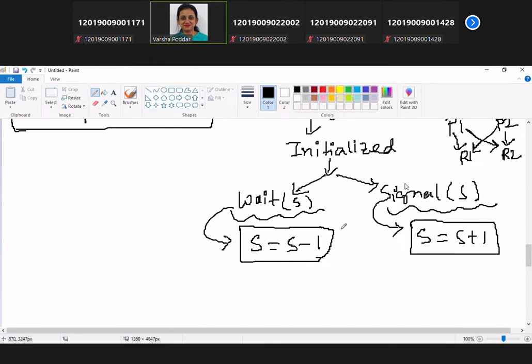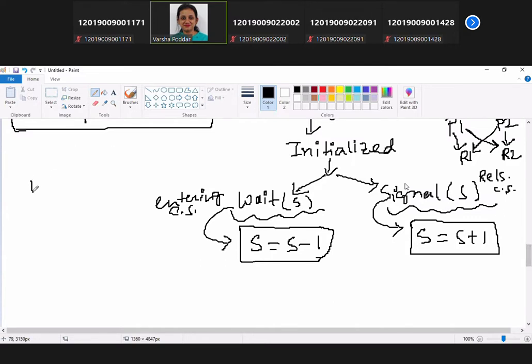And when you are releasing the critical section, then you will increase the value of the semaphore. So when you are entering the critical section, you will use wait of semaphore. When you are releasing the critical section, you will be increasing the semaphore.